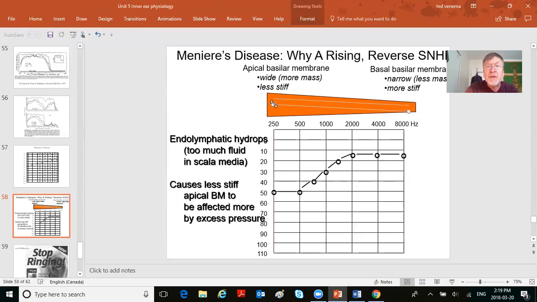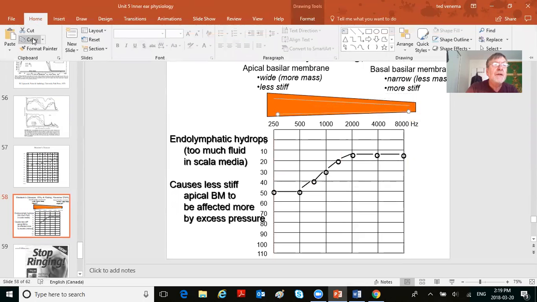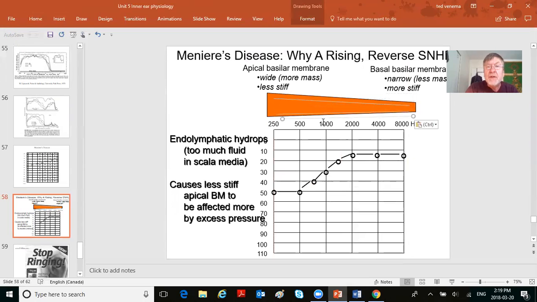And you're going to have all these different rows of hair cells. So the top one would be inner hair cells, and then you've got various rows of outer hair cells, right?